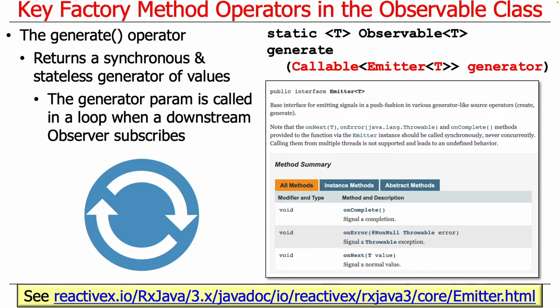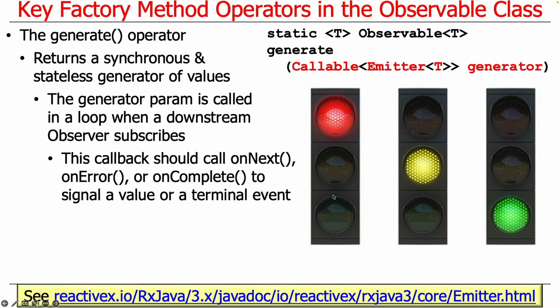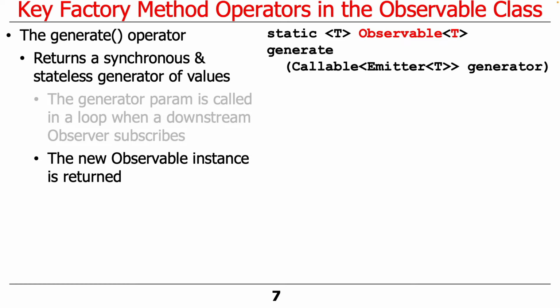You can see here that the emitter, which is what's passed in here, has a bunch of methods like on complete, on error, on next, and so on. And the callback that's being invoked should call these methods to signal either a value that's been generated or some kind of terminal event, either an error or an on complete event, indicating things worked successfully.